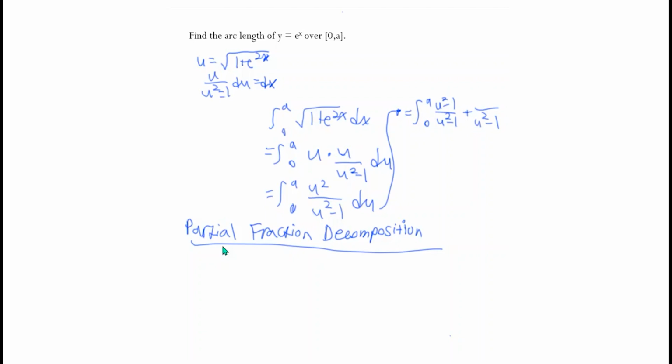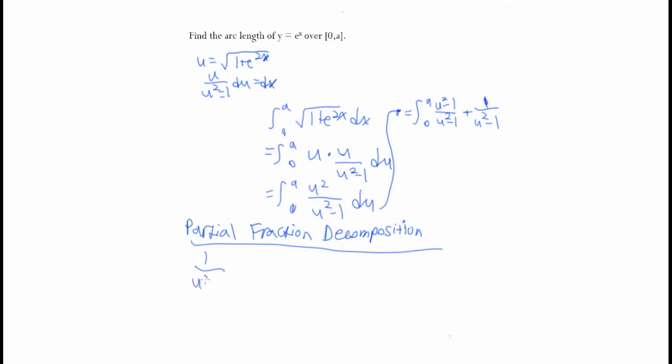The number on the top that will make this whole expression equal to just u squared is 1, because u squared minus 1 plus 1 is just equal to u squared, as the negative 1 and the positive 1 cancel each other out. And if we do it like this, now the rule for the partial fraction decomposition will be satisfied. The degree of the numerator is now less than that of the denominator.